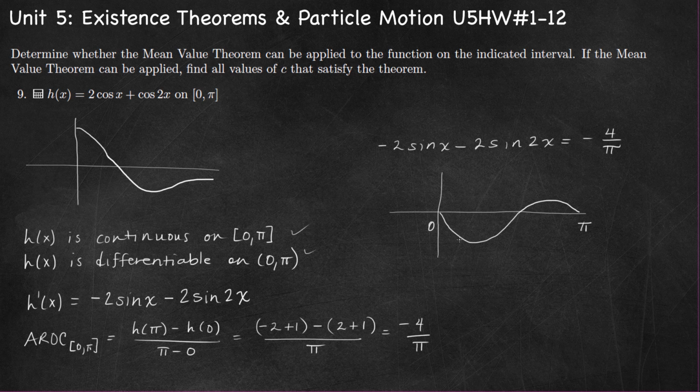So negative 4 over pi is about here. So we have two solutions on our interval. These values are approximately 0.217 and 1.748. Both of these are on our interval between 0 and pi. So these are both values of c guaranteed by the theorem.